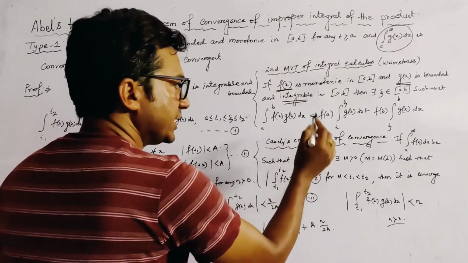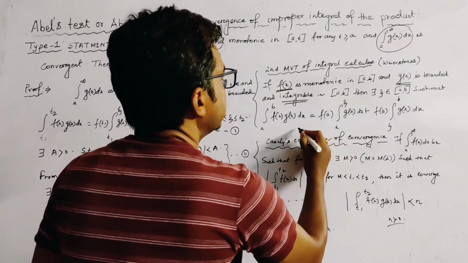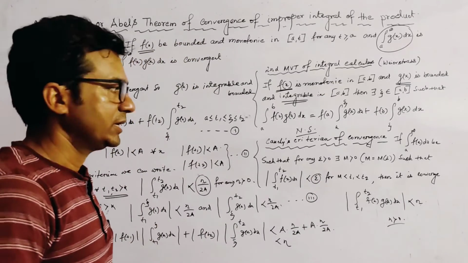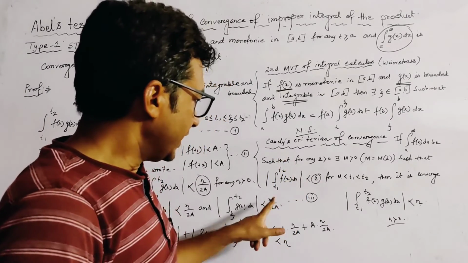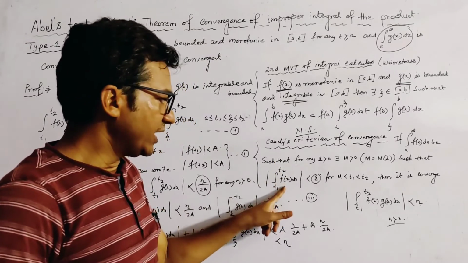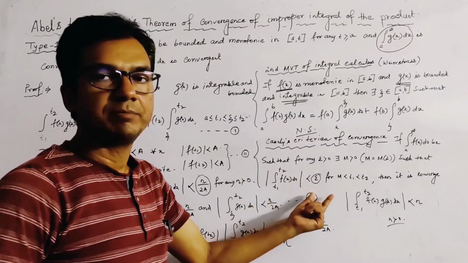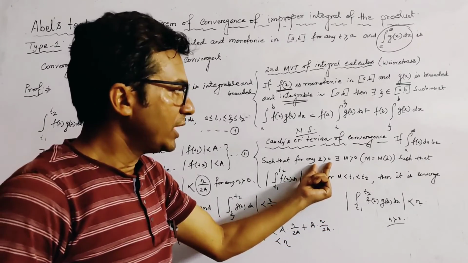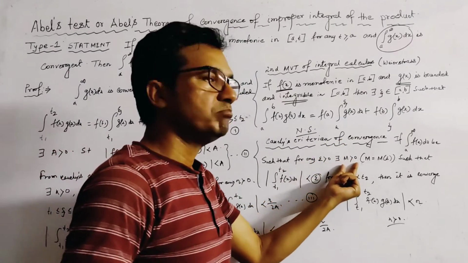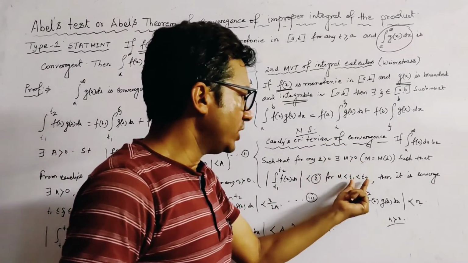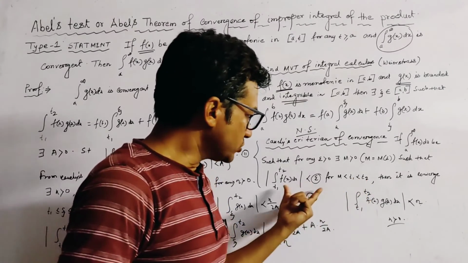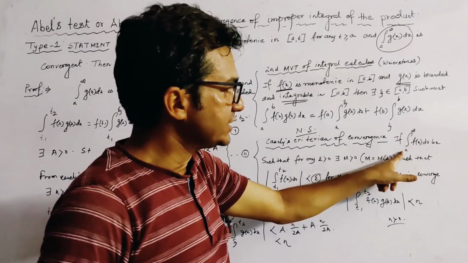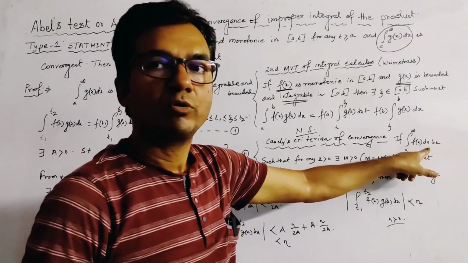Now the Cauchy's criterion of convergence, this is the necessary and sufficient condition of convergence of improper integration, says that if the mod of integration t1 to t2 f(x) dx is less than epsilon, where epsilon is an arbitrary small number greater than 0, and for this epsilon we get m greater than 0 and t1, t2 greater than m, if this condition is satisfied, then this type of integration a to infinity f(x) dx must be convergent.